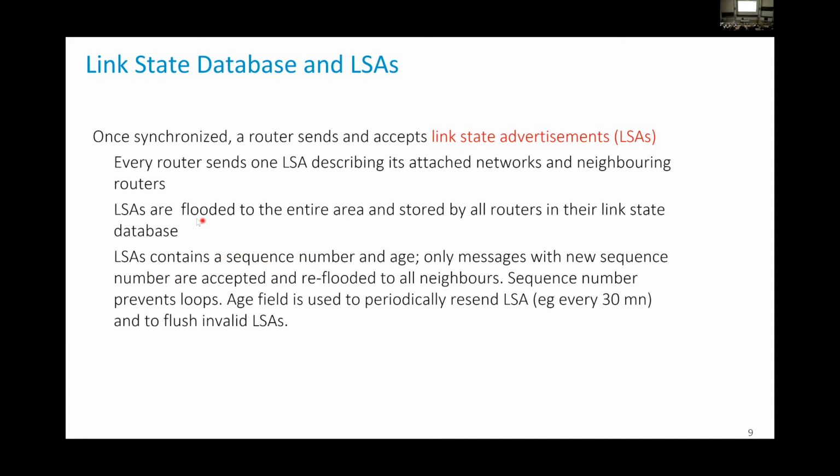Whenever a router has received an LSA, it must remember it because it must build its own view of the network. So it will record it. When it sees an LSA, it will check whether it's not already present in the database or it has a sequence number that's older than the one in the database. Then it will not reflood it if it has already been received.